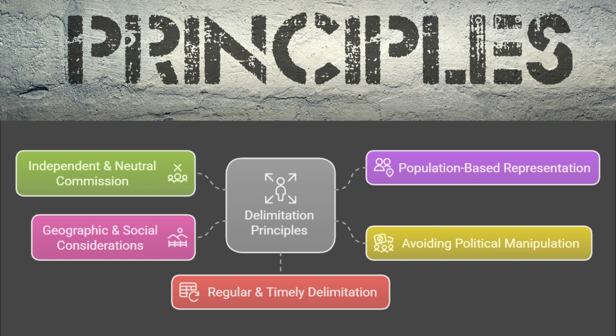The 1971 census based seat freeze should be reconsidered to prevent regional imbalances. Political parties must not influence how boundaries are drawn. Strict transparency and clear criteria must be followed. Natural boundaries like rivers and mountains should be respected. Tribal and rural areas should not be merged with urban centers just for population balance.